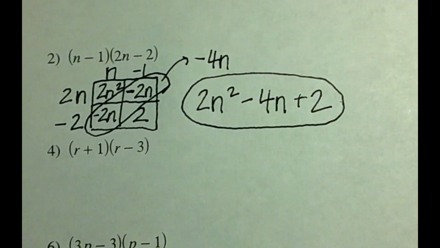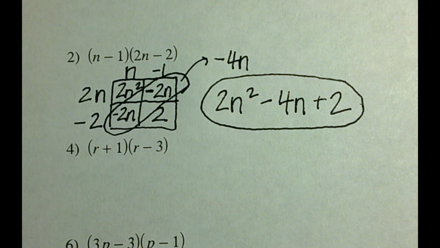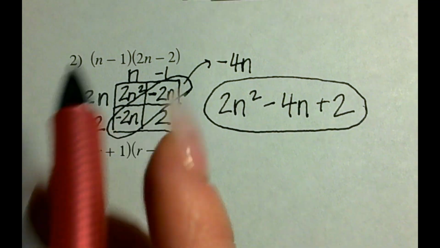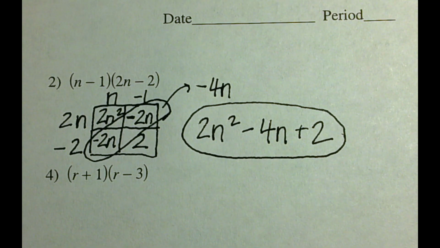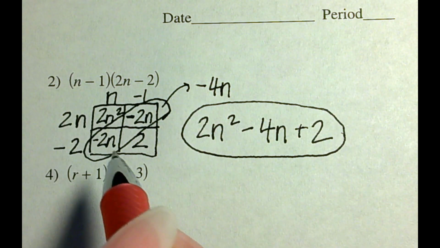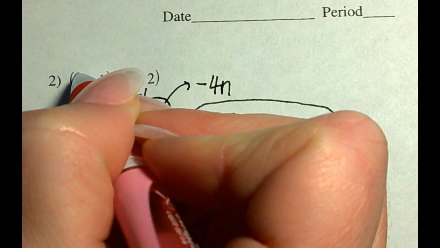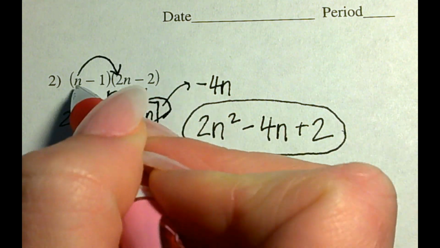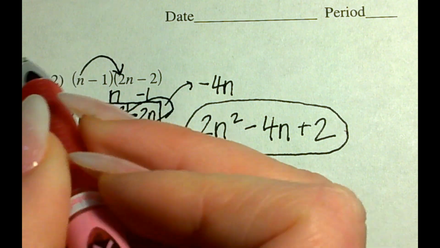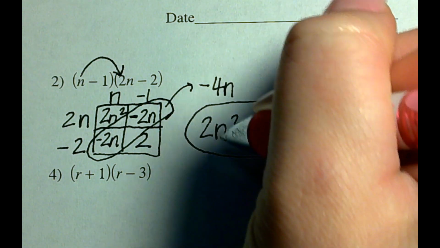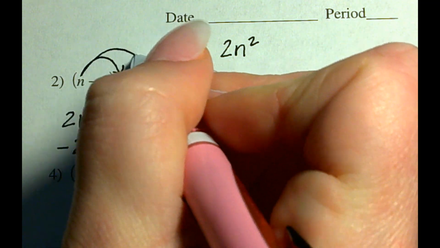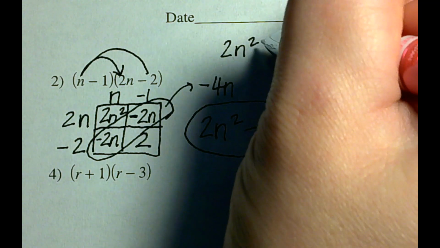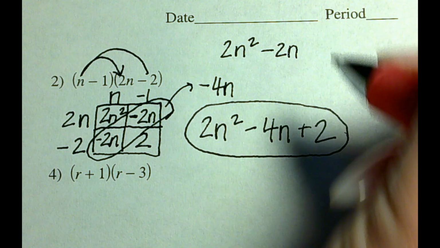Really quickly, I'll show you with this one because I have a little more room on this problem. It would be the same if we FOILed. First term: n times 2n gives us 2n squared. Outer: n times -2 is minus 2n.